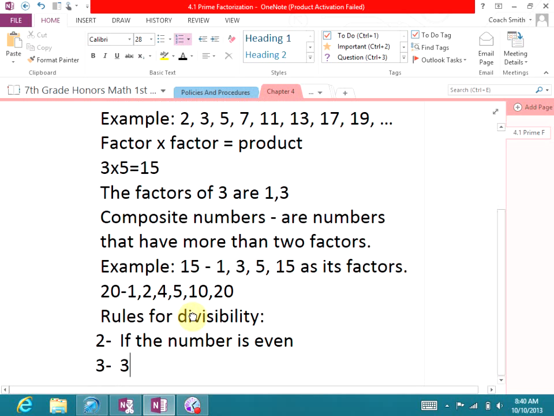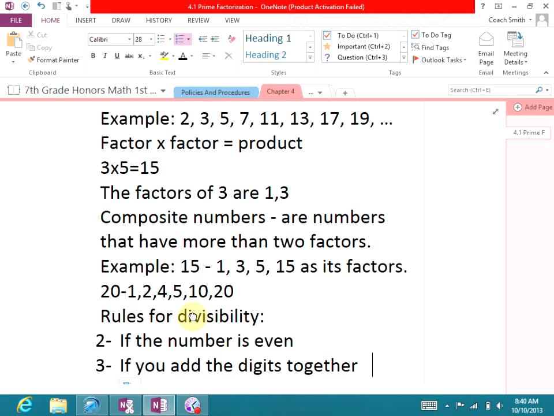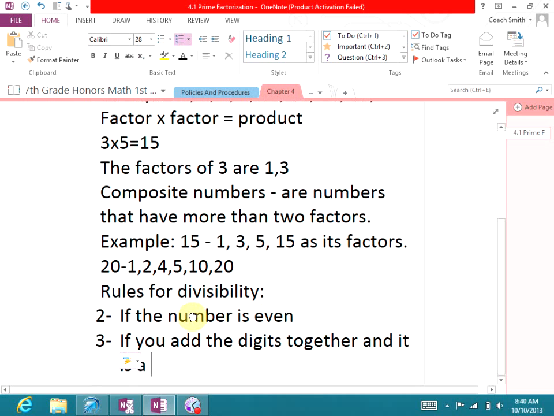3 goes into a number if you add the digits together and the sum is a multiple of 3. For example, take 123.